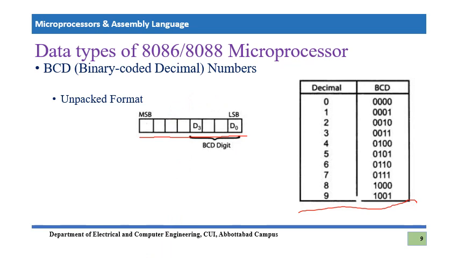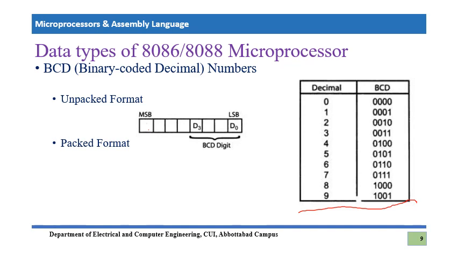The remaining bits from D4 to D7 are not used. So that is why it is called unpacked format, in which the most significant 4 bits are not used. We're going to take an example and it will become more clear. Let's proceed to the next thing, that is packed format.